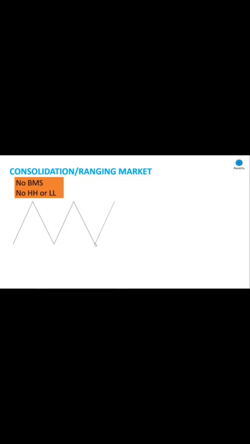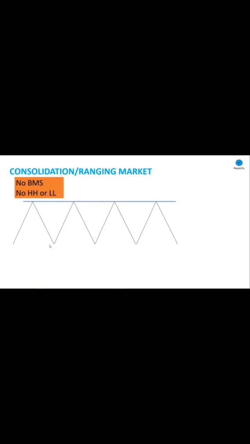So the market created another swing low. This time around, the swing low as well couldn't take out the previous swing low. And there is no obvious break of market structure that was created. So whenever you spot a market creating swing highs and swing lows, and if you draw a horizontal line to the top, it is not showing a clear break of market structure or clear higher highs, then you can see that this market is just simply ranging.